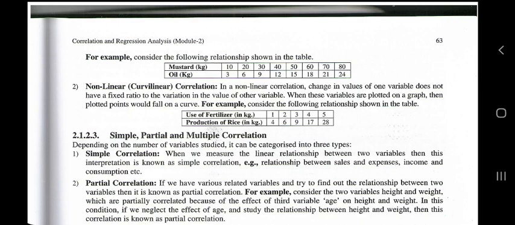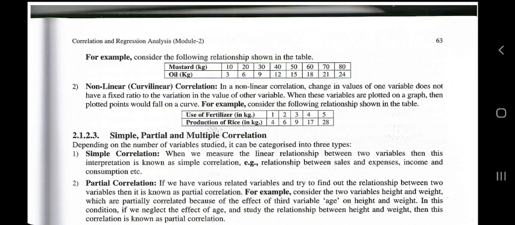The mustard in kg is given and oil in kg is given. Now you can see 10, 20, 30, 40, 50, 60, 70, 80. It is increasing, and it is nothing but the table of 10. Now in the oil, it is also increasing and it is the table of 3.